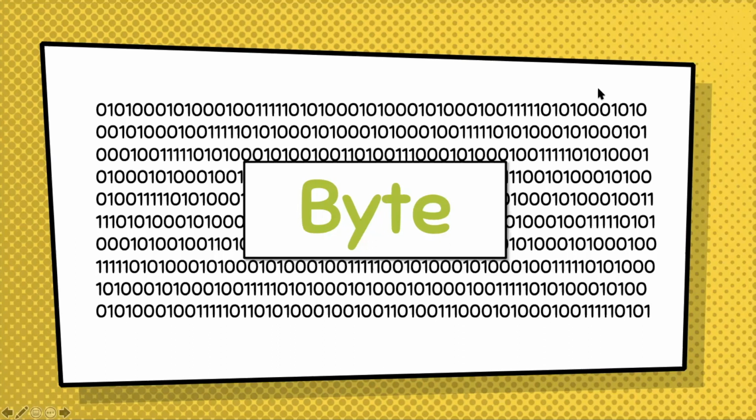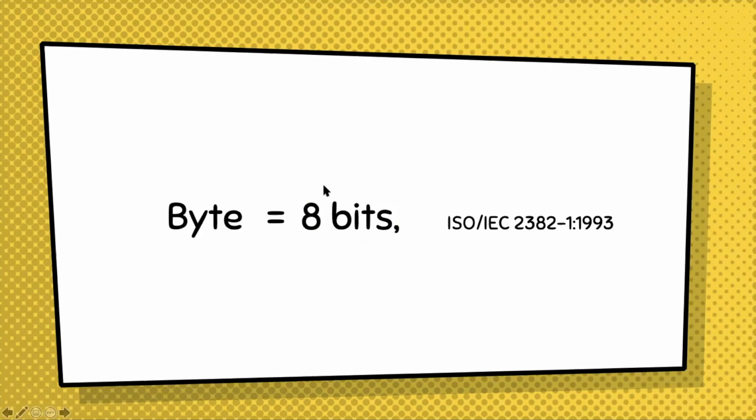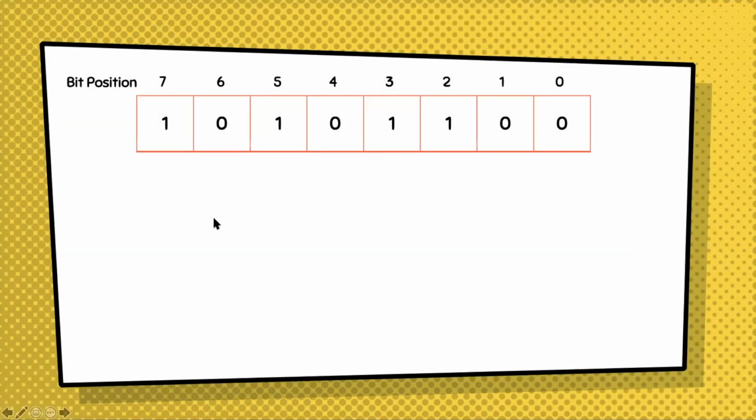I'm pretty sure that many of you have heard about that. Okay, so those are the so-called bytes. And as I said, a byte is equal to 8 bits. And then a question is, how are we going to look at bytes from bits?